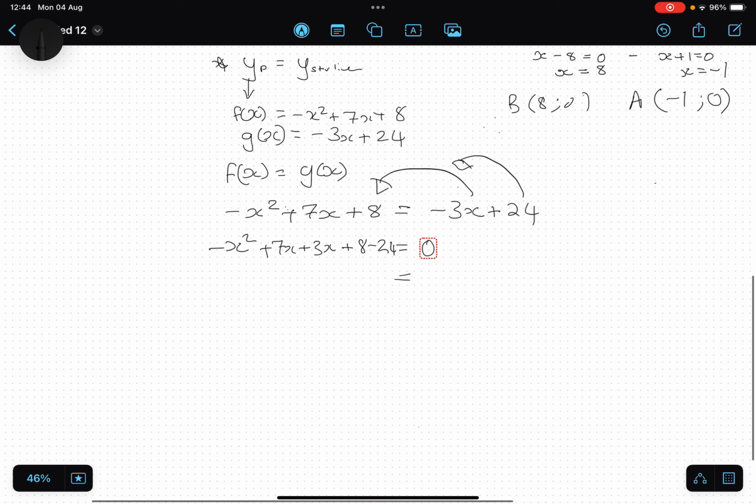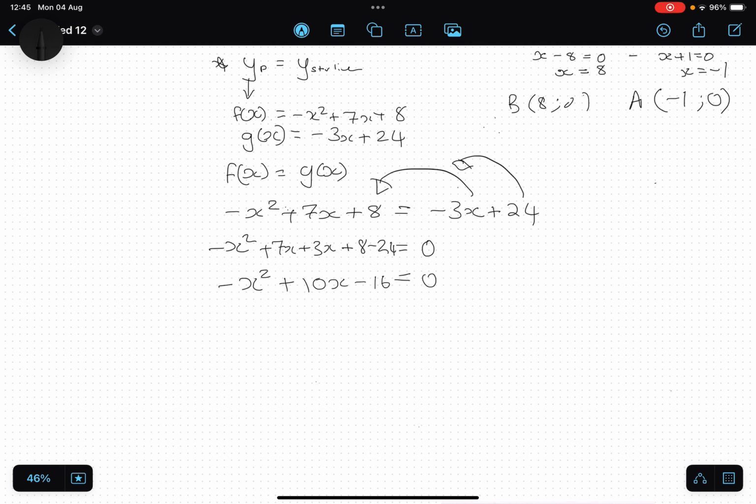Then we're going to solve again. 7 plus 3 should be 10x. And then our plus 8 minus 24, let me just double check that, that's minus 16.